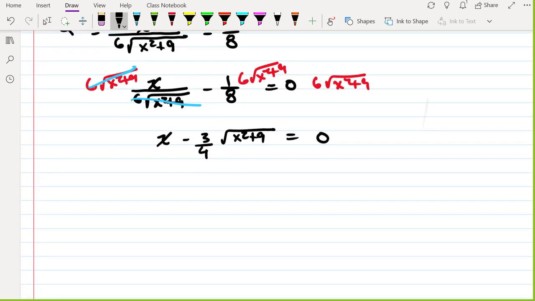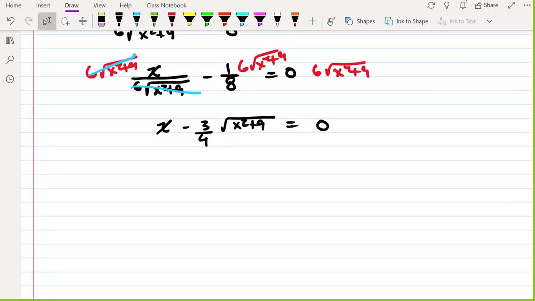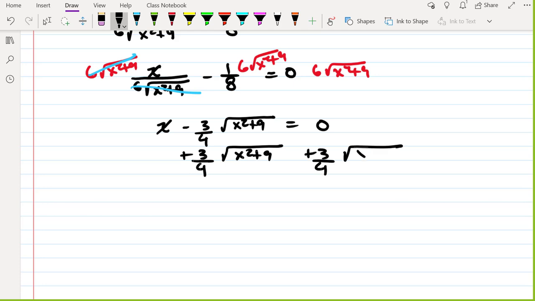So 0. Then we need to solve this radical equation. So we're going to add 3/4 the square root of x squared plus 9 to both sides. And that gives us x is equal to 3/4 the square root of x squared plus 9.